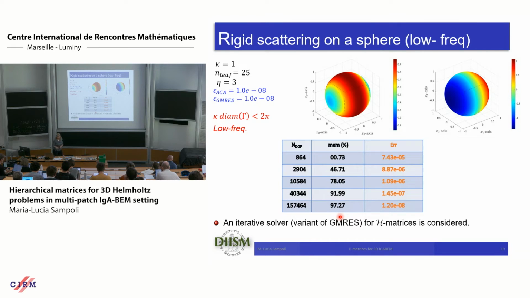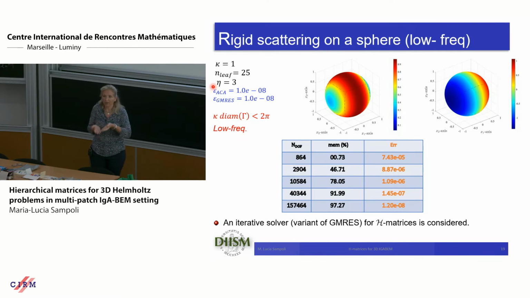These are the parameters that we have used. We consider wavelength 1, that means low frequency. These are the dimensions of the bounding box, and this is the admissibility condition. If we consider eta too small, it means that we don't compress much. If we consider it too large, we compress a lot, but we lose accuracy.